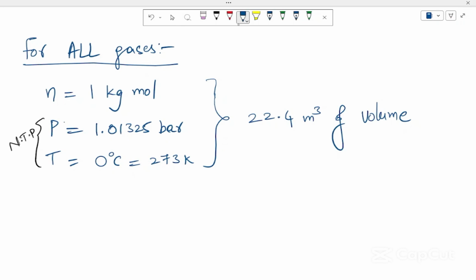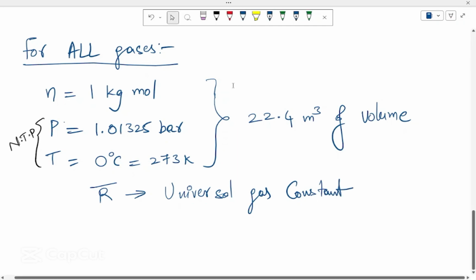So what it gives rise to is something called the universal gas constant, which is represented by R bar. So the R bar is nothing but your universal gas constant.